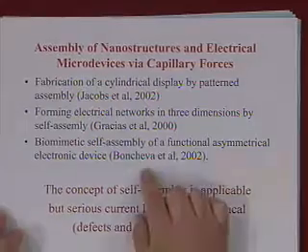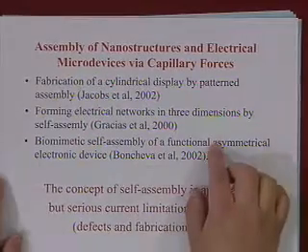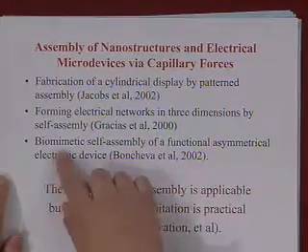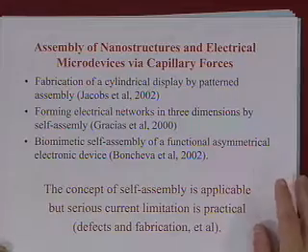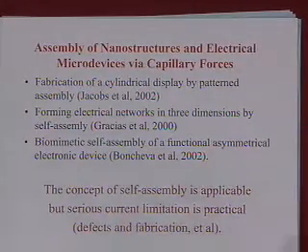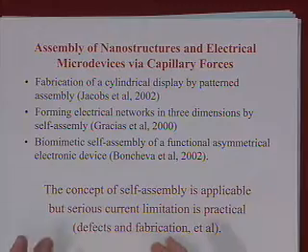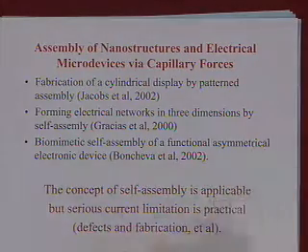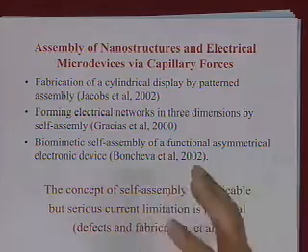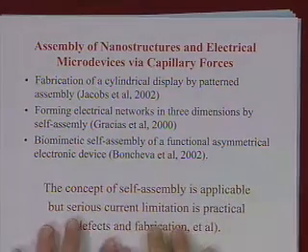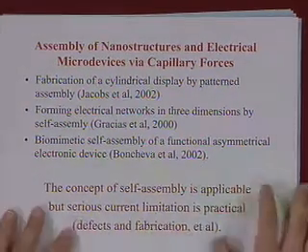Another important and interesting concept is biomimetic. That means they borrow the idea from biology, how the amino acids form the structure of protein, and each protein molecule forms the higher level aggregation like beta sheet.